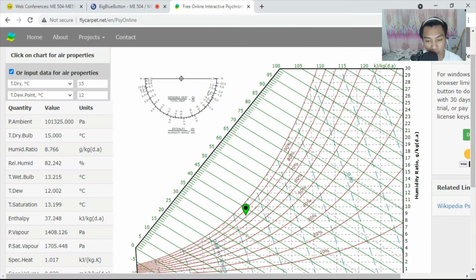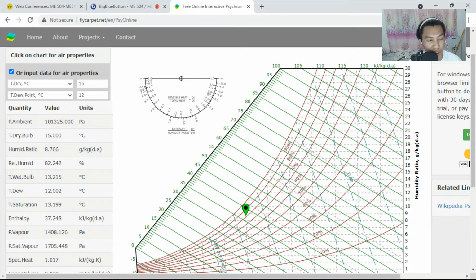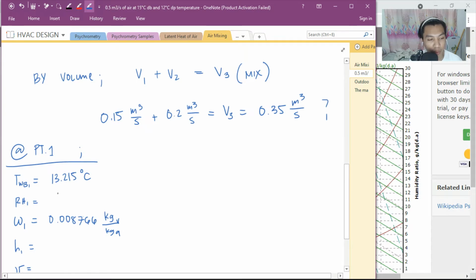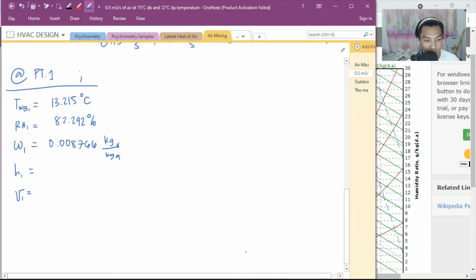So, wet bulb. What happens to wet bulb? 13.215 degrees Celsius. RH1 is 82.242%. H1? Saan H1 natin? 37.248 kilojoule per kilogram.